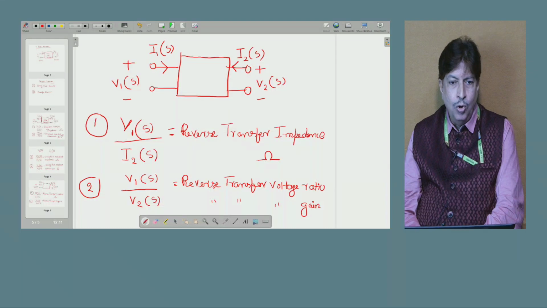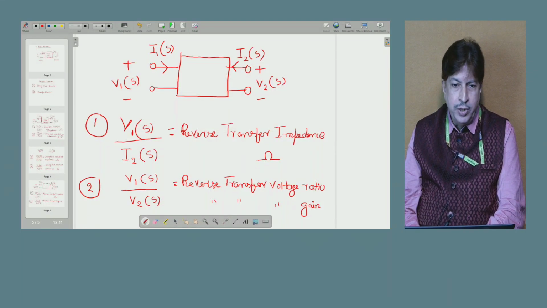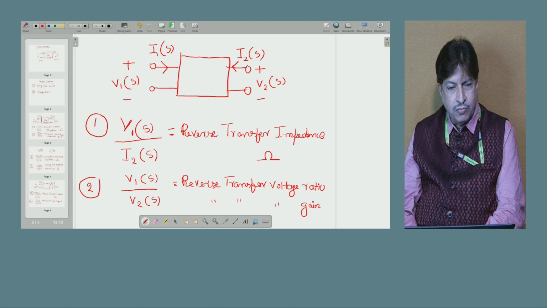Which gain? Voltage gain. What should be the unit of this voltage gain? Volts by volts. 10 volts by 5 volts. The answer is 2. It is a simple number. It has no unit. That's why it is a number.